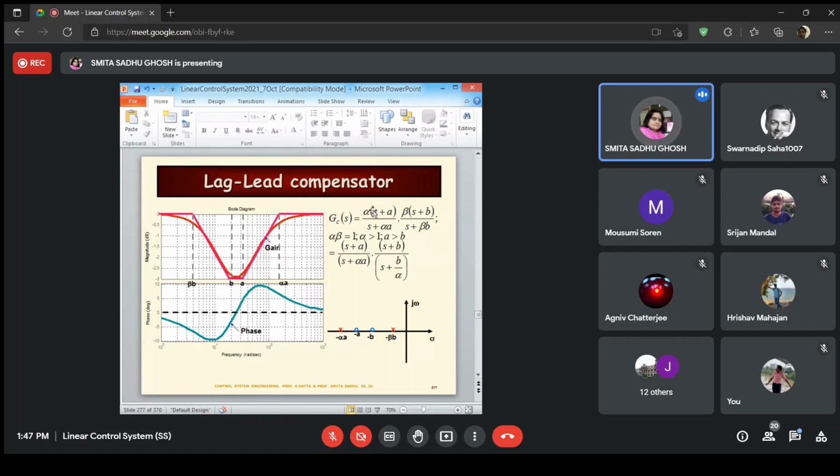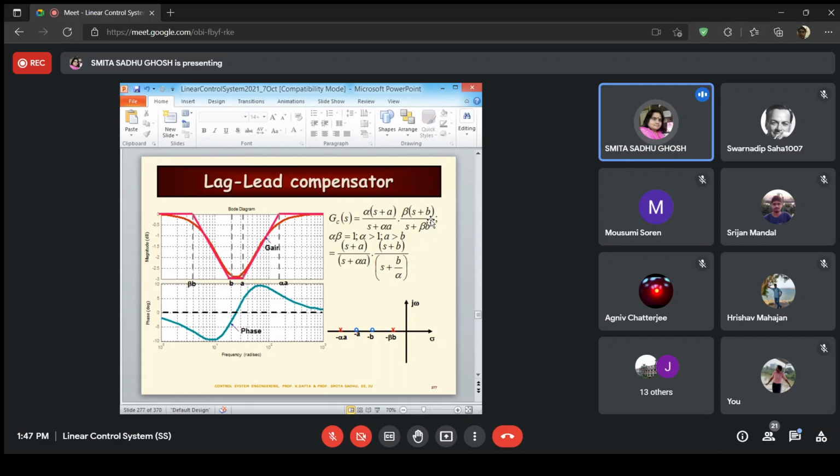So from here, the contribution to the phase will be plus tan inverse of omega by a. Then the contribution from here will be plus tan inverse of omega by b. Contribution from here will be minus tan inverse of omega by alpha a. And contribution from this will be minus tan inverse of omega by beta b. So those are the four individual contributions to the phase.